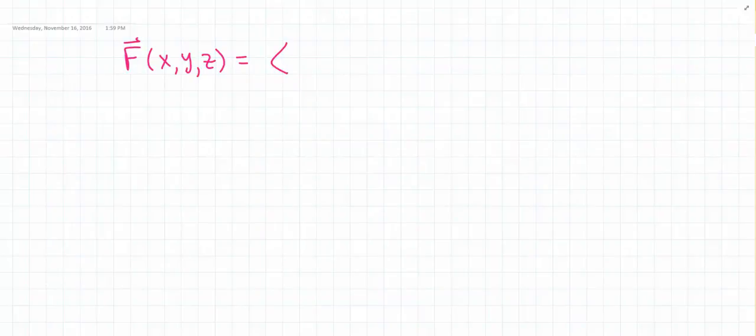Now let's look at an example. Let's suppose we've got a vector field: xy squared z to the fourth, then 2x squared y plus z, and finally y cubed z squared. What I want to do is find the curl.